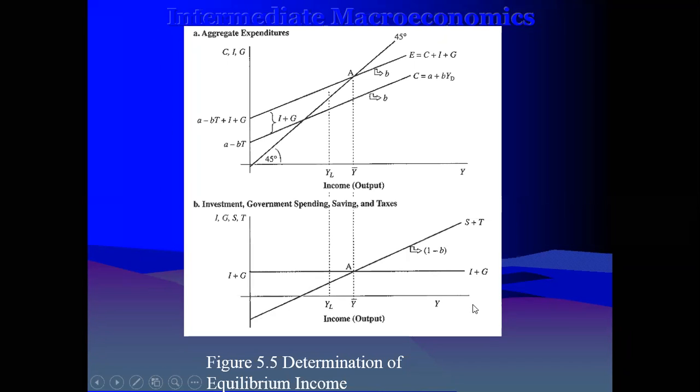So no matter the level of income, these are constant, so their curve is just horizontal. Where they meet the leakages curve, that is where we get our equilibrium national income, our Y star. So whether you use the leakages and injections approach, or the Y is equal to E approach, you are supposed to get the same results. You have to get the same equilibrium income. I hope that's okay.